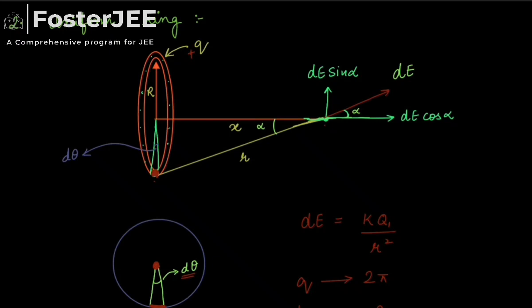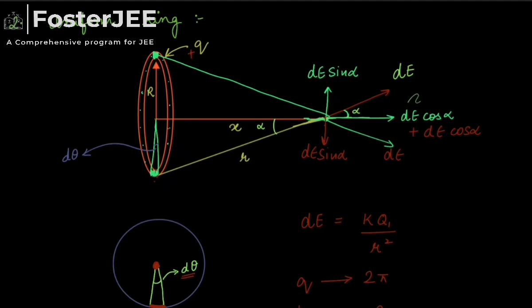Now note that if we consider an element just opposite to this element along this ring, the electric field from this part will be like this, and this component, since this will be dE only, will be dE sin alpha, and this component of the field, dE cos alpha, will get added.